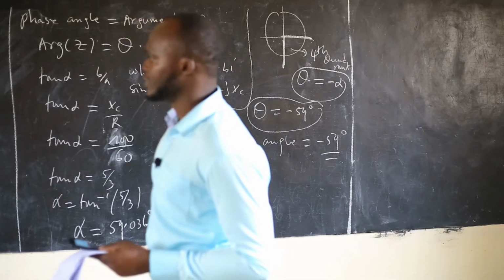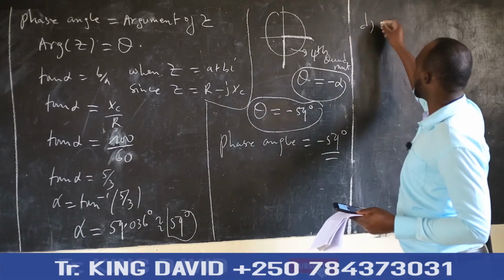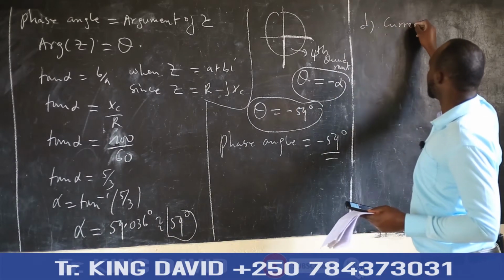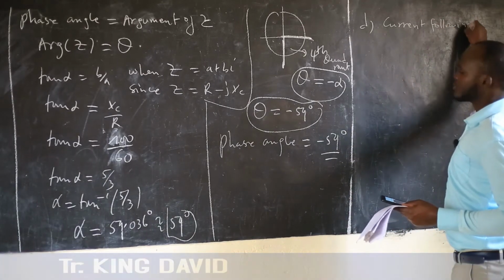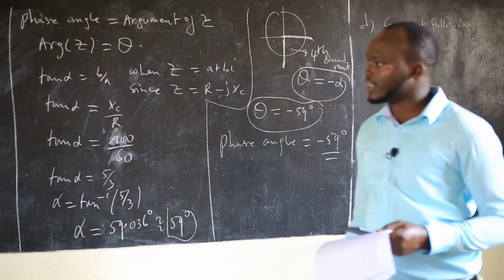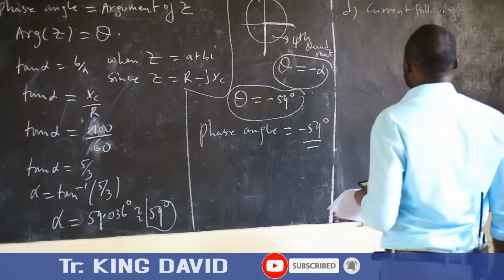We have D. D is asking for the current that is flowing. So how do we get current?